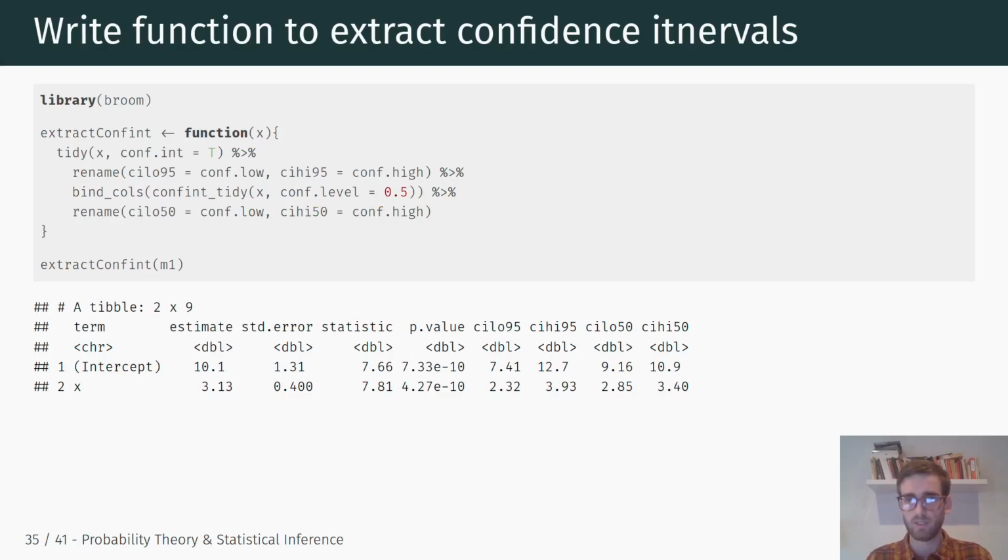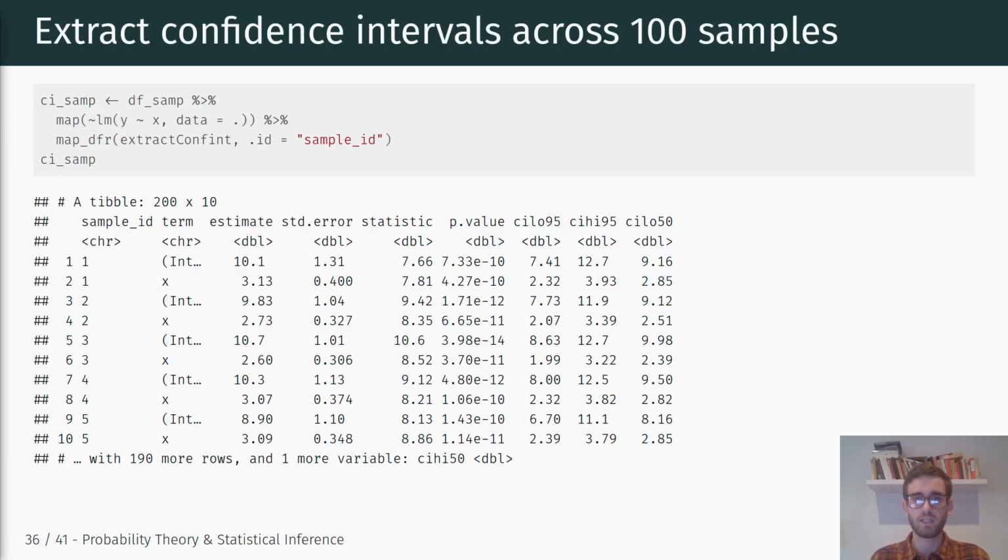Okay. So that's nice. Now the next thing we want to do is run this function for all 100 samples. So we want to extract the confidence intervals across 100 separate samples.